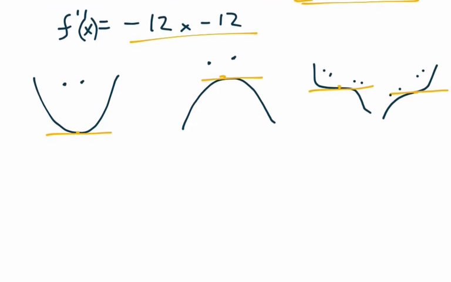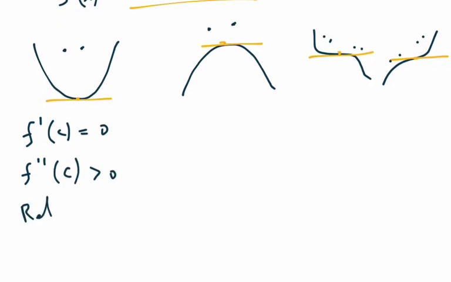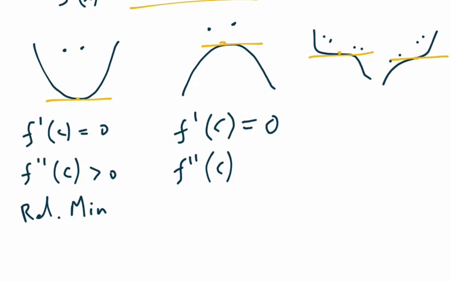So in this first one, f prime of c is equal to 0, and f double prime of c is positive, and that is justification for a relative max. Nope, min, because it's at the bottom of the function. In this second case, f prime of c is also 0, and f double prime of c is negative, and this is justification for a relative max.